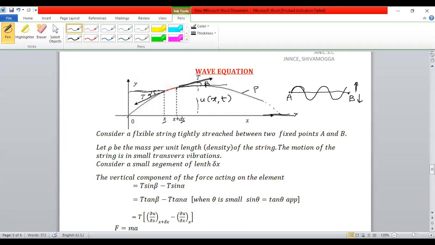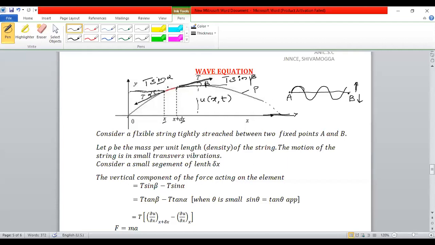Now, the vertical component of the force acting at x is T sine alpha. Similarly, the vertical component of the force acting at x plus delta x will be T sine beta.